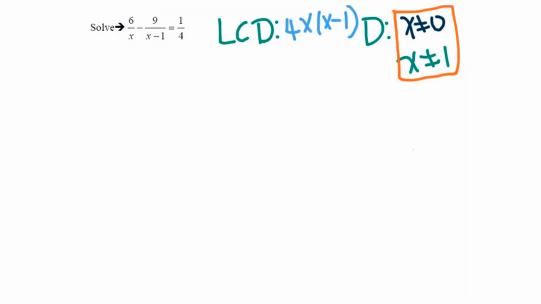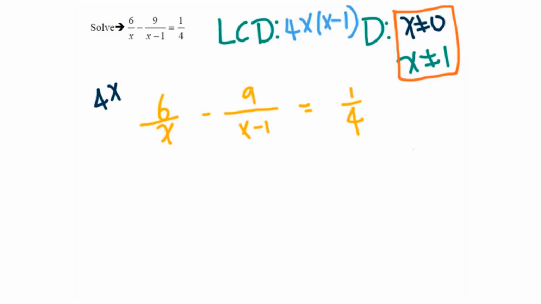Let me rewrite this equation. I got 6 over x minus 9 over x minus 1 equals 1 over 4. So we multiply both sides of this equation by LCD.